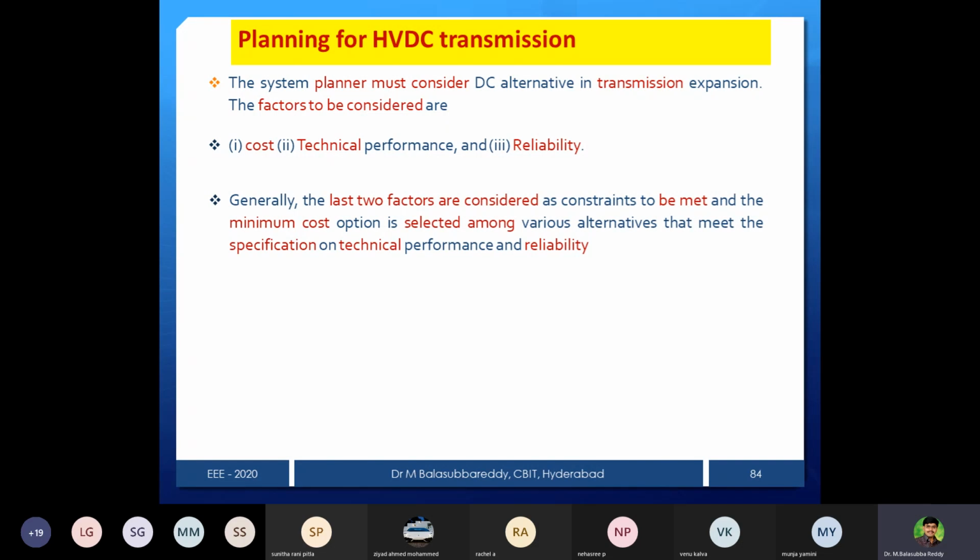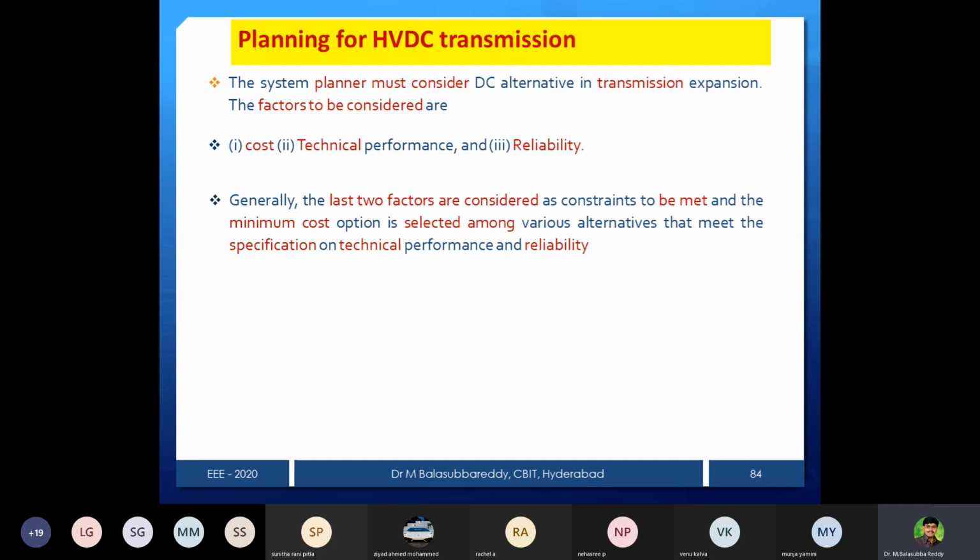So once if you want to do expansion or any operation, even some of the things like cost, you can able to bear it, but technical performance as well as the reliability, these things should not be violated. That is a constraint, you have to meet that constraint by minimizing the cost also.